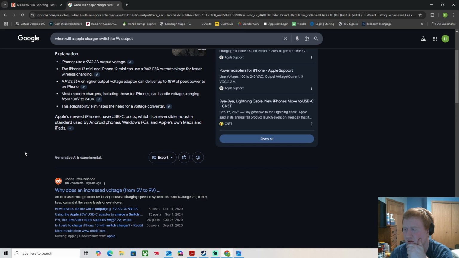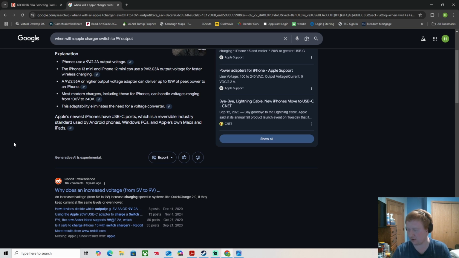So maybe it's just adaptable for things that do run off of the 5-volt, like headphones or something. Typically that makes sense now because the Nintendo Switch one here, its default is 5-volt. And I believe I did research on this earlier.